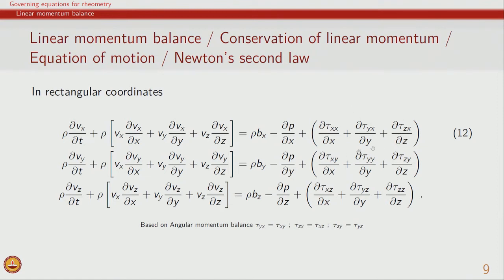How they change as a function of position within the fluid will make sure that if this is non-zero, then it has to be balanced either by a pressure gradient arising in the fluid, or by a body force the fluid is subjected to, or the fluid will have to accelerate and be unsteady.